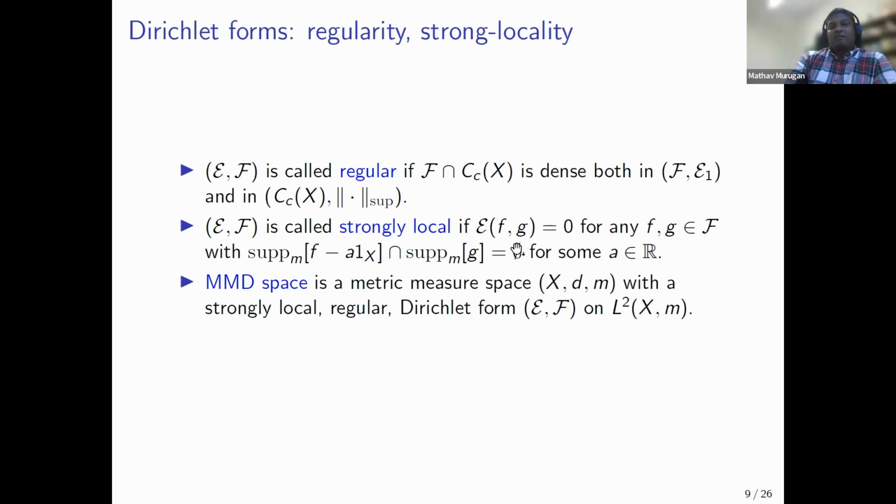Again, this is obvious for the classical Dirichlet energy, because if f is constant in some set, the distributional gradient will be 0 on that set, and the support of the gradient will be smaller than or equal to the support of the function. So this would be 0. It's some abstraction of that property. Another terminology is that if you have a metric measure space with a strongly local regular Dirichlet form, we say that it's a metric measure Dirichlet space, or MMD space for short.